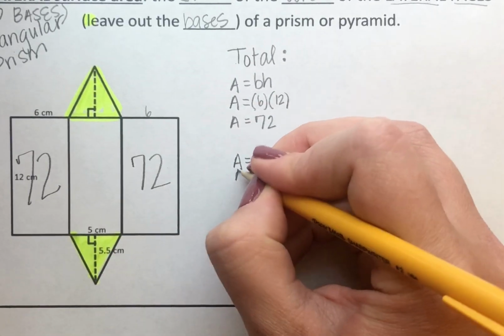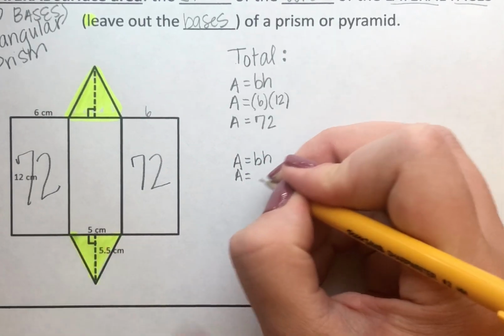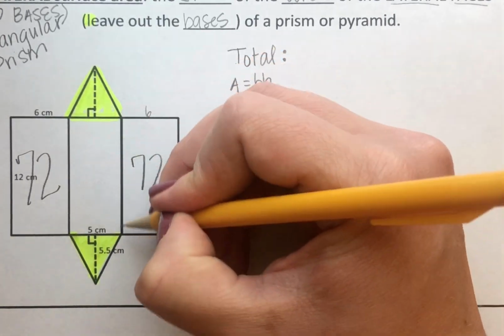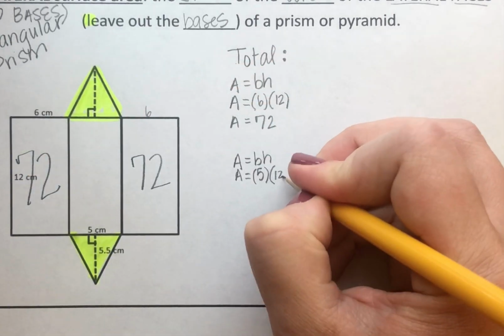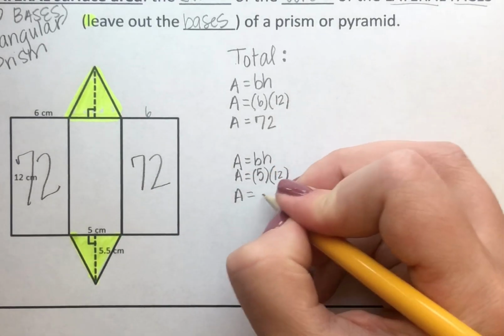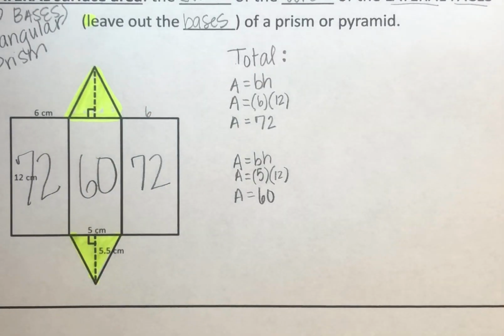It's still a rectangle, so it's gonna be A equals BH. The difference here, the base of this rectangle is 5. The height is still 12. So the area of this rectangle would be 60. Again, I'm gonna write 60 right here.